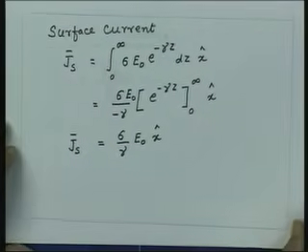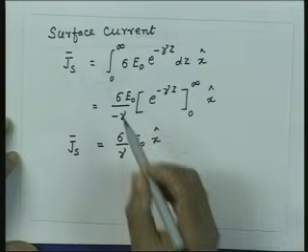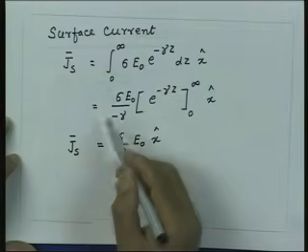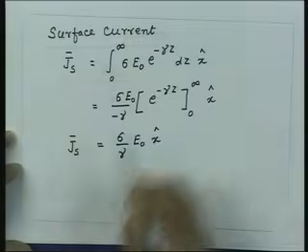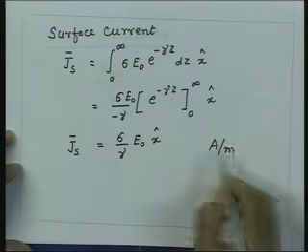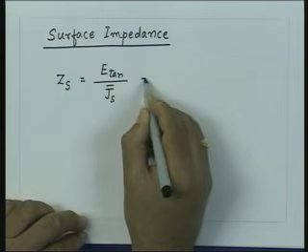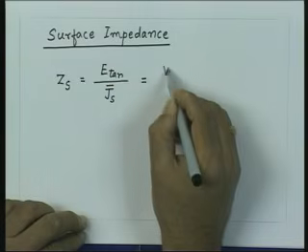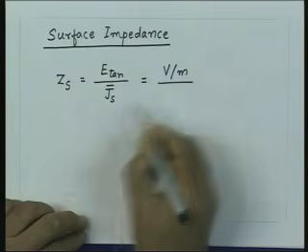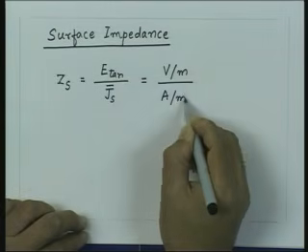Now let me remind you here that this quantity, which was the conduction current density, has units of amperes per meter square. We have integrated over one length, which is dz. So this has units of amperes per meter, which is the dimension of the surface current density, which is the linear surface current density. So here we have the unit for E, which is volts per meter. We have the linear surface current density, which is amperes per meter.